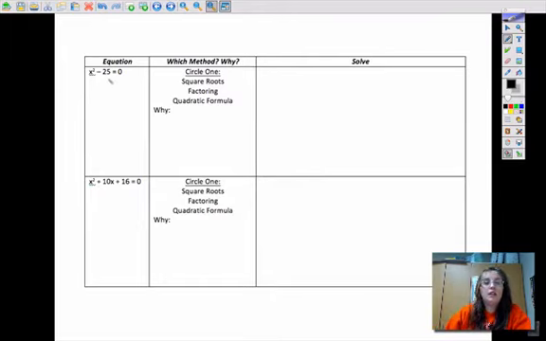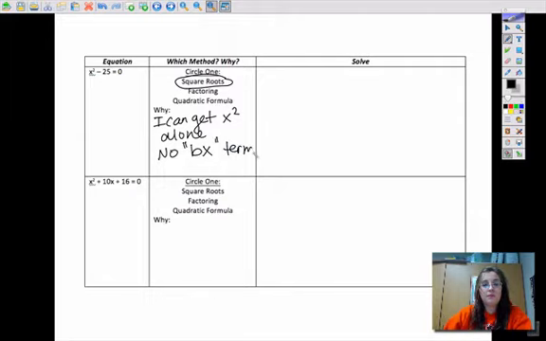Okay, so I look at this first equation, and I know right away that it can be solved by square roots. And the reasoning behind that is that I can get x squared alone because there is no bx term.